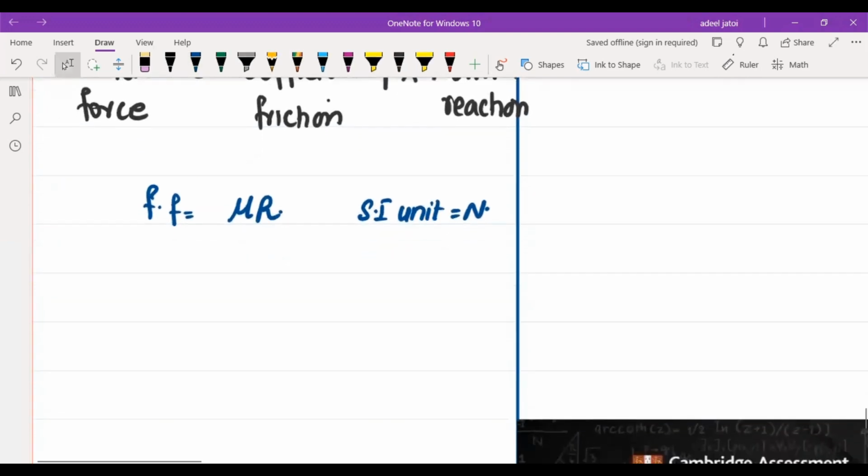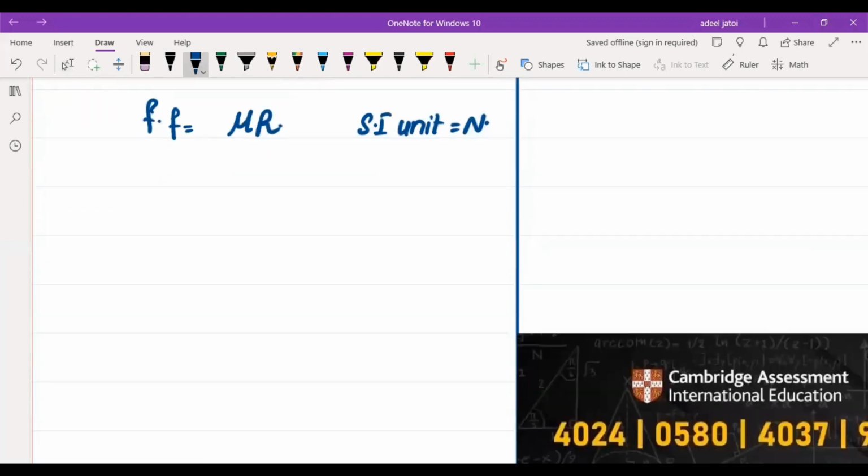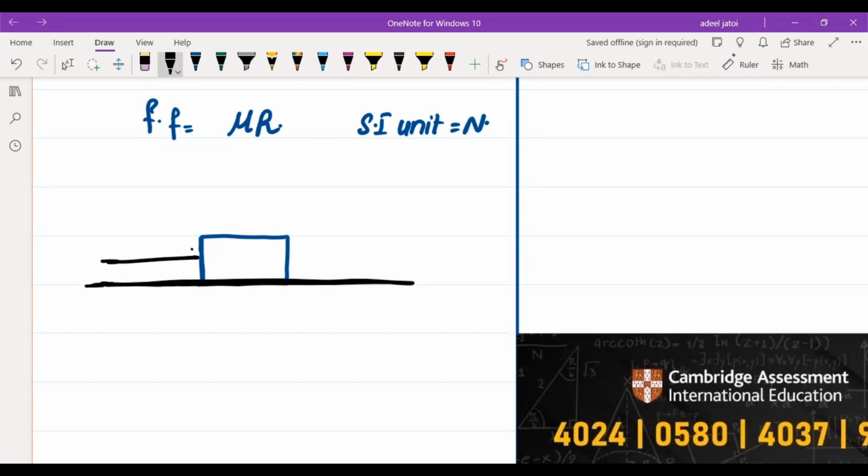Now, considering that there is an object on a plane, and a force is being applied. The weight of this is 10,000 Newton.